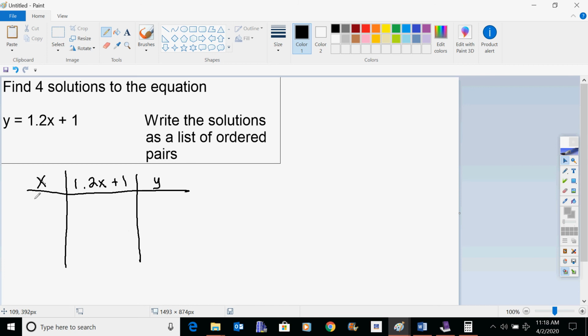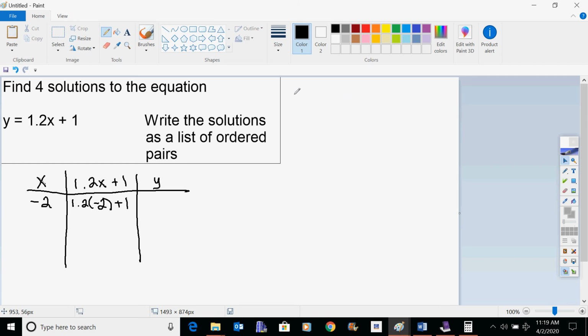Now, just because I want to show you that you don't always have to pick the same numbers, I'm going to start this one with how about negative 2? 1.2 times negative 2 plus 1.